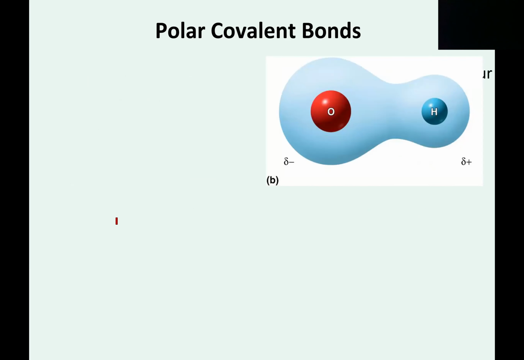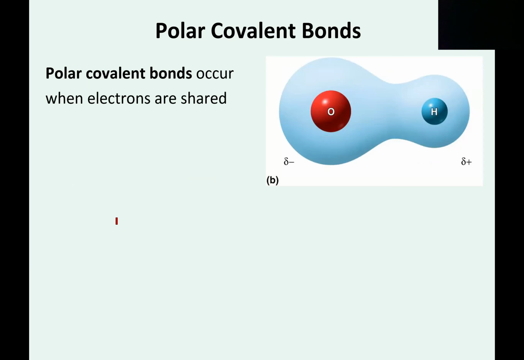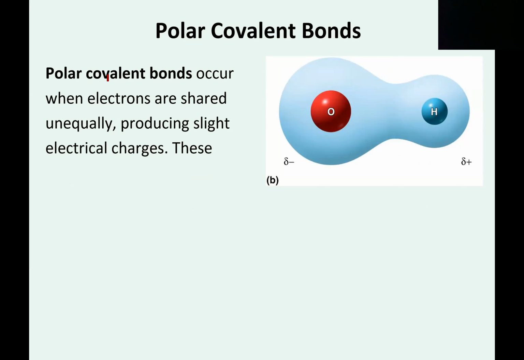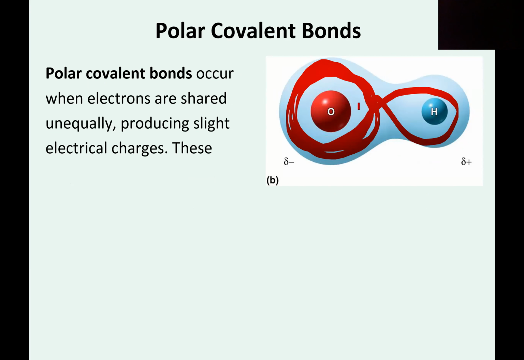Polar covalent bonds are bonds that occur when electrons are shared unequally, producing slight electrical charges. So what happens is one of the atoms is going to get the electrons more than the other. Oxygen has 8 protons. Hydrogen has 1 proton. Make sure when you draw a polar covalent molecule that you include these slight charges.